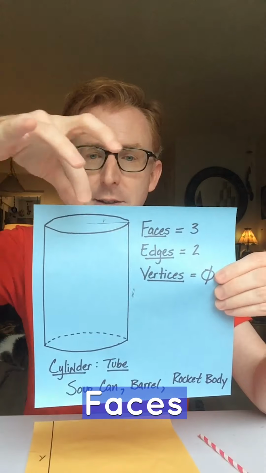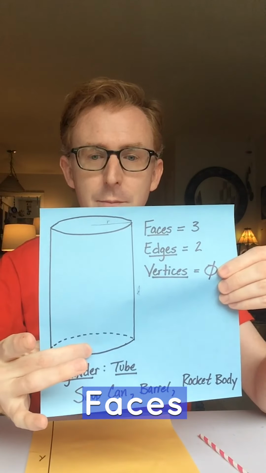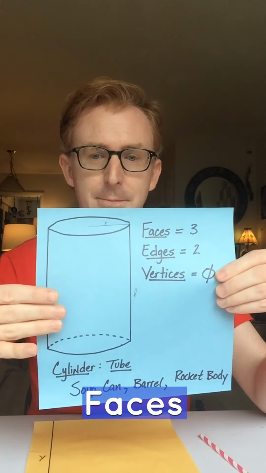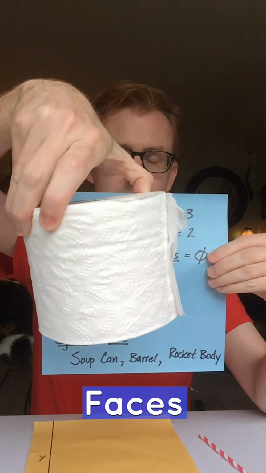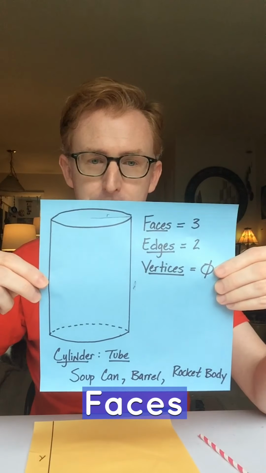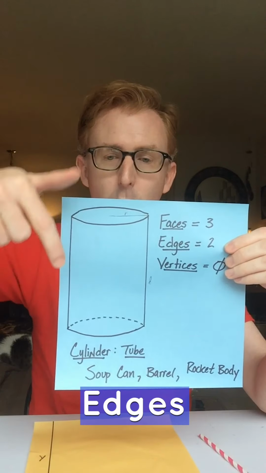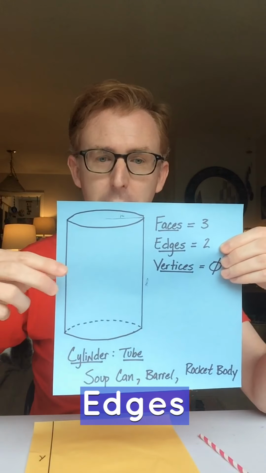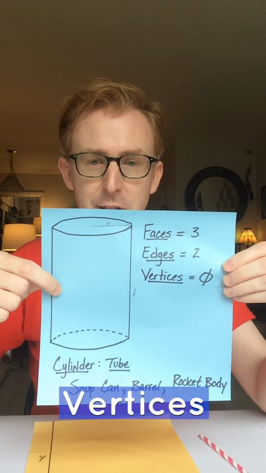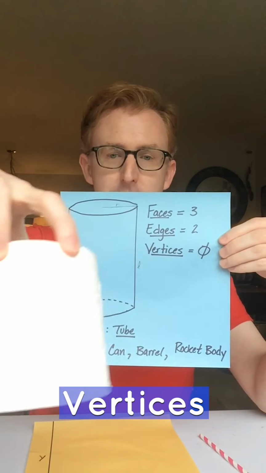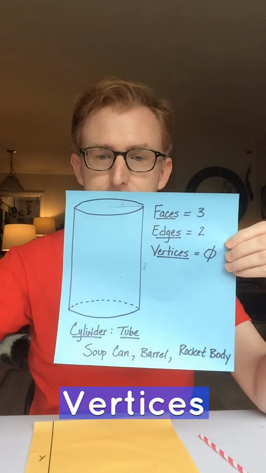So you have three faces, the round circle on the top, the round circle on the bottom, and then the wrap around sort of body of the cylinder is your third. Your edges would be along the top, 1 and 2 along the bottom, and there are no corners or vertices on a cylinder, because notice it's rounded and smooth all the way around.